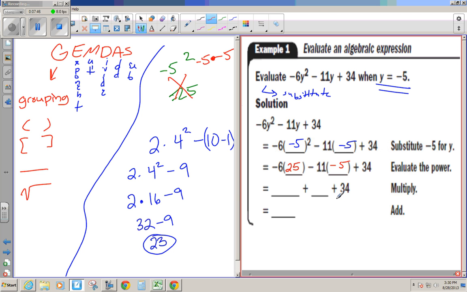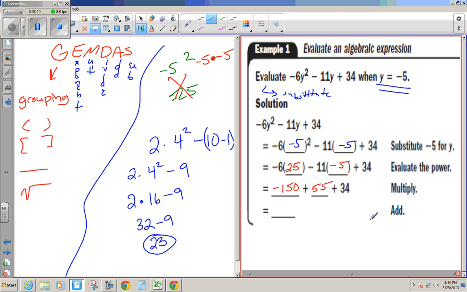All right, now let's do some of the multiplying. -6 times 25 should be negative 150. -11 times -5 should be positive 55.